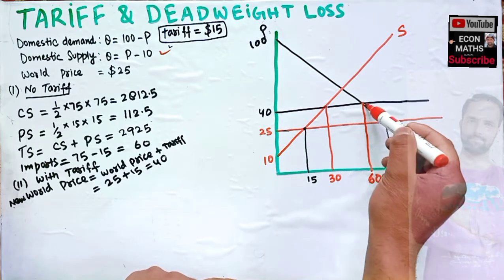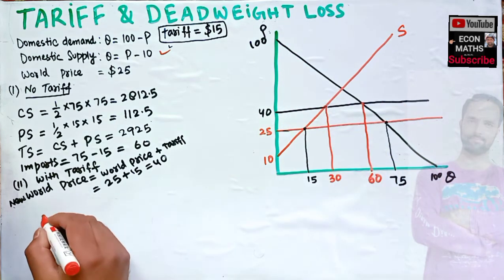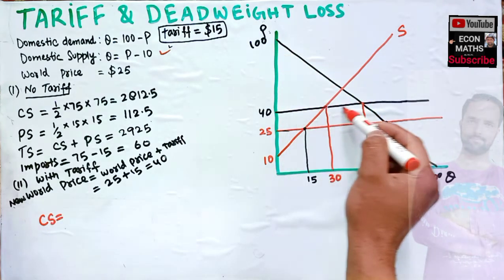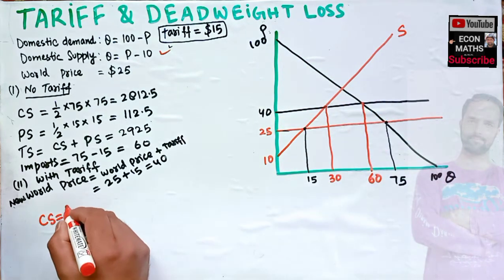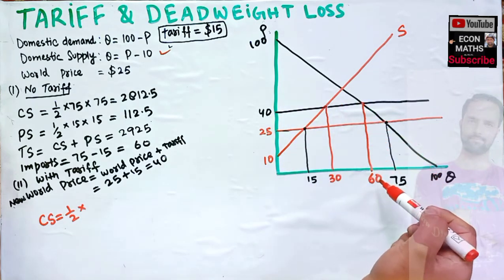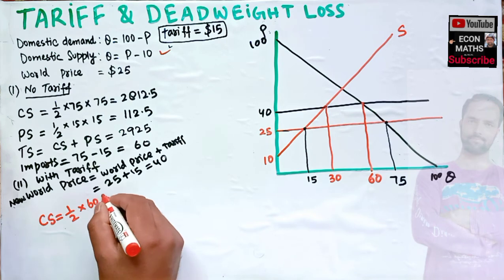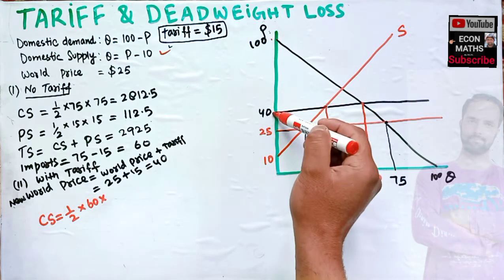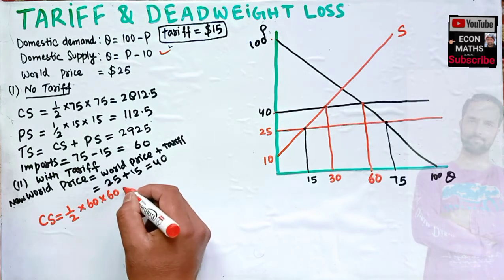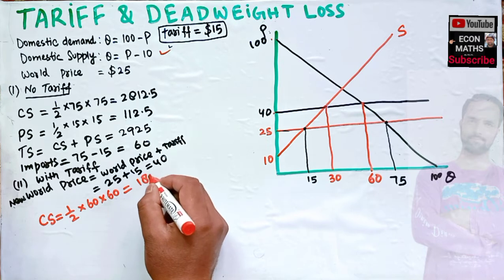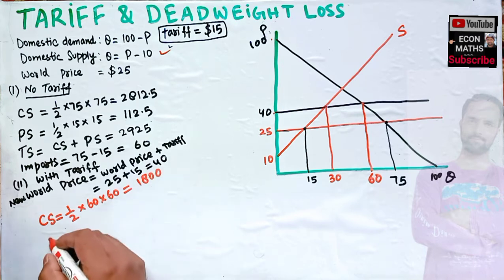So the area of this triangle is 1/2 of base, base is 60, so 60 into height. Height is 100 minus 40, that is also 60. When we solve 60 times 60, 3600 upon 2 is 1800. 1800 is our consumer surplus.